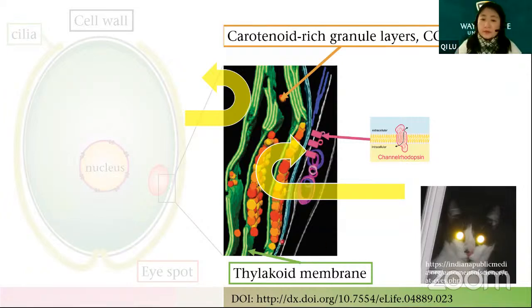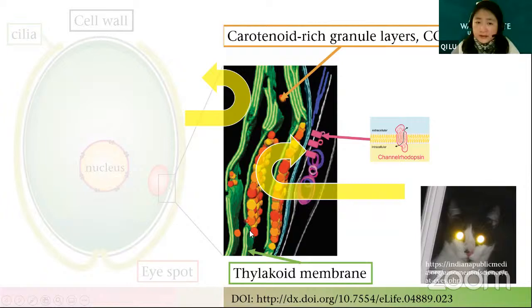Between the plasma membrane and the cell wall of the green algae, there are some vesicles located here, labeled with purple. And in today's lecture, we're majorly talking about the light response behavior that's focused on these eye spots.